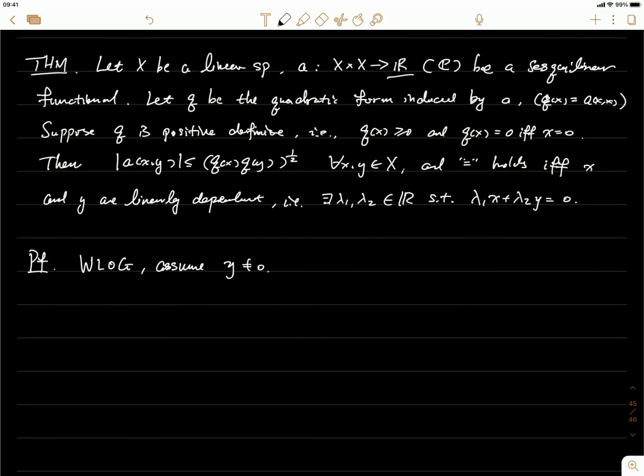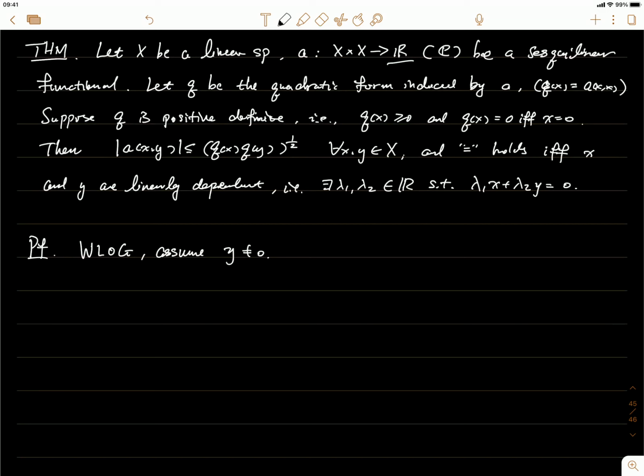Now for any lambda in R, let's consider the Q of x plus lambda y, and by definition this is the quadratic form of x plus lambda y. That will be just A of x plus lambda y, x plus lambda y.